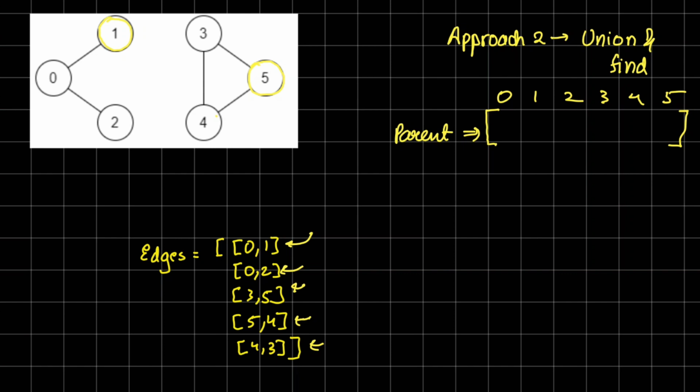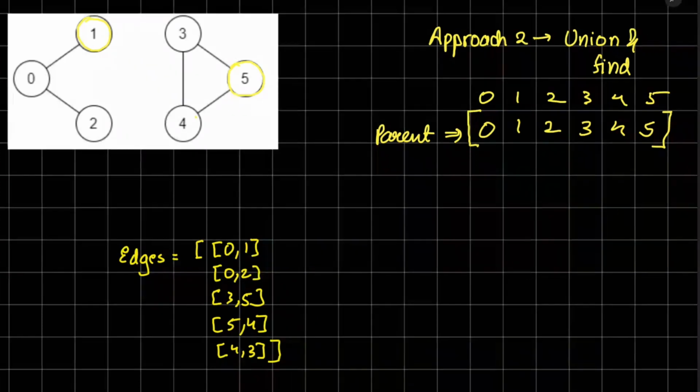For example, if I say the source is 1 and the destination is 1, although there is no self edge, you are at the destination, so you can reach there. So from 0 you can reach 0, from 1 you can reach 1, from 2 you can reach 2, from 3 you can reach 3, from 4 you can reach 4, and from 5 you can reach 5. So initially every vertex will have parent as itself.